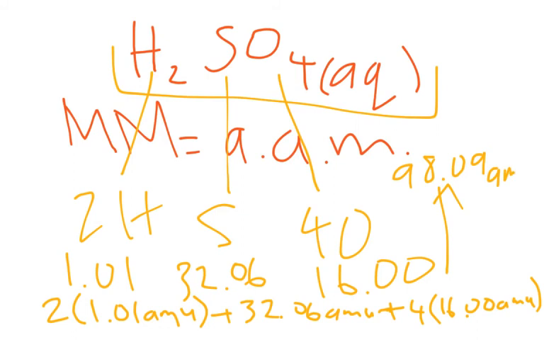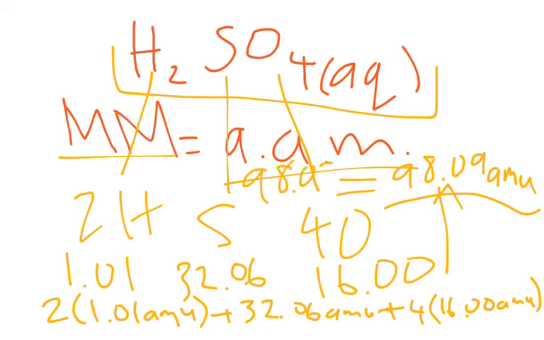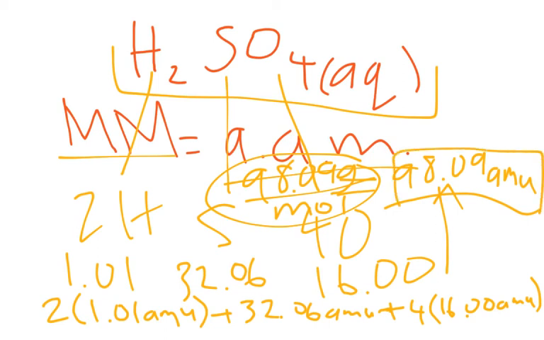98.09 atomic mass units. And since the average atomic mass is equal to the molar mass, then an average atomic mass of 98.09 atomic mass units will be equal to the molar mass of sulfuric acid, or 98.09 grams per mole. So in a mole of sulfuric acid, we will have 98.09 grams because the average atomic mass was 98.09 AMU.